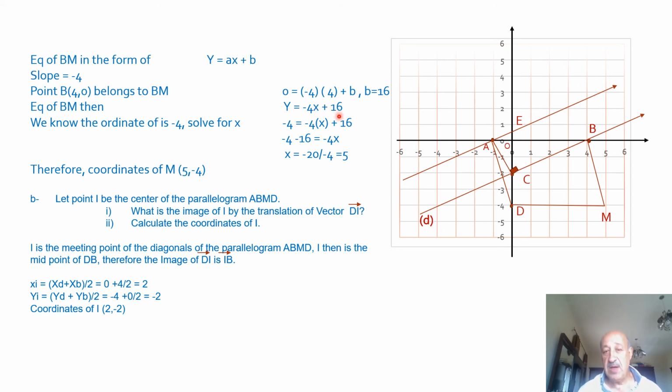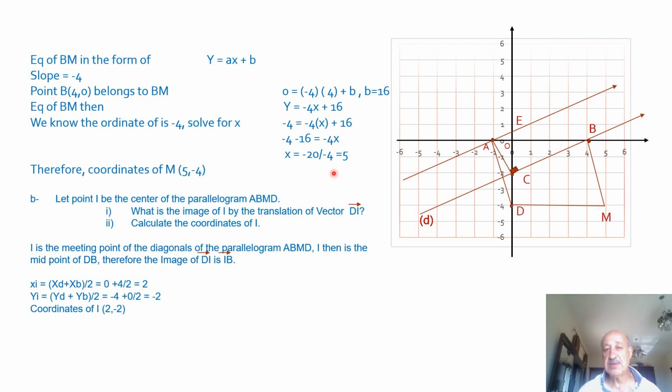Now, if I know the ordinate is minus 4, can I find the abscissa? Yes, I put minus 4 equal minus 4x plus 16. Why did I do this? Because M belongs to BM.